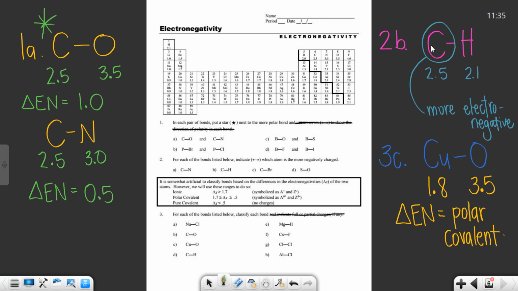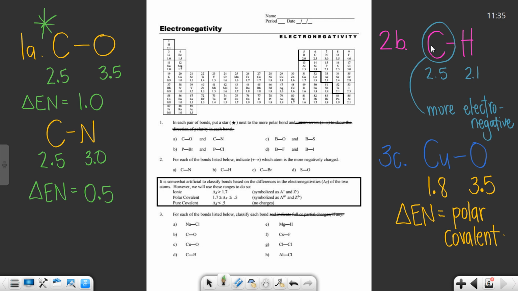And then the last one, I am finding the difference in electronegativity. This is for number three. Finding the difference in electronegativity, and then I'm going to determine the bond type. Is it nonpolar covalent, polar covalent, or ionic?